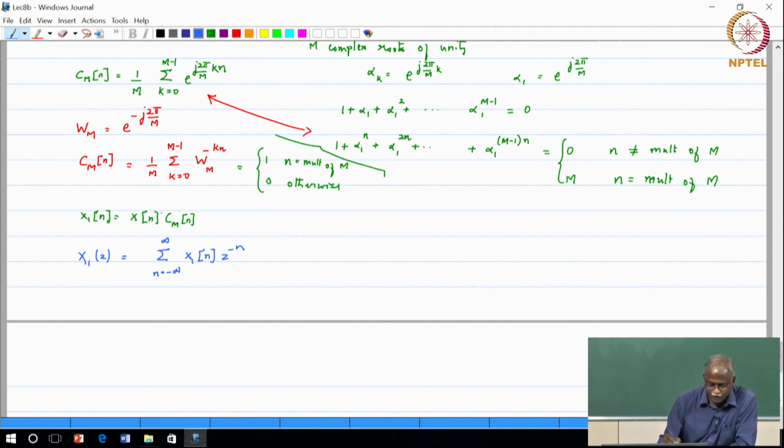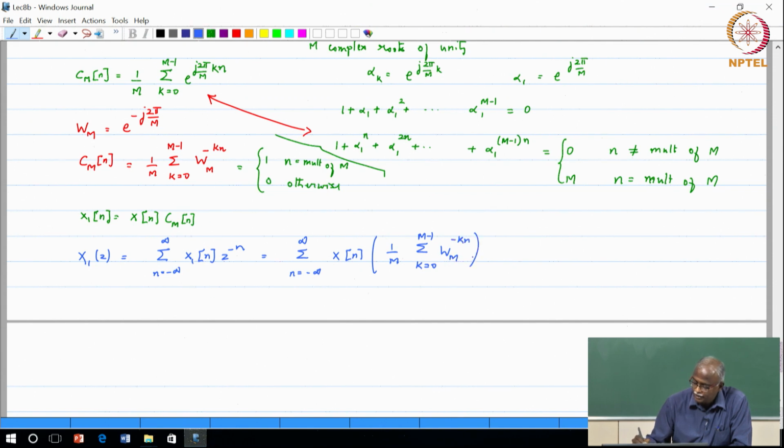For x1 of n, I substitute the other expression. So this is summation n equal to minus infinity to infinity x of n, and I have to multiply by the comb sequence. The comb sequence is 1 over m, summation k equal to 0 through m minus 1, Wm to the power minus kn, times z power minus n. This is nothing but the comb sequence, Cm of n.